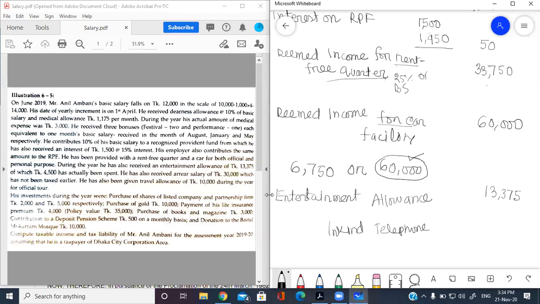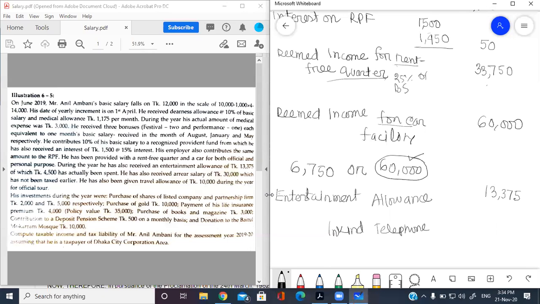So in most cases, big businessmen in our country, you will see that their monthly income is much lower compared to the amount people expect. People expect that this person should have a monthly or annual income of this amount. But when they submit their income tax return for the election purpose, you will see that their monthly and annual income is a very small number. You may ask why.